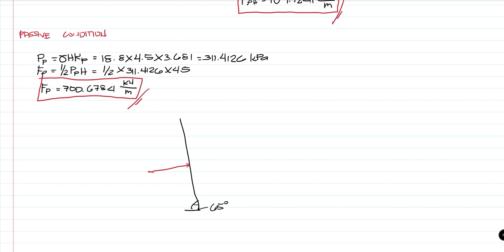Then syempre this normal force, so inclined natin ng kaunti. Exaggerate natin yung incline. So syempre yung normal force, ito. Then syempre yung passive earth dyan is naka ganito. So andito yung passive earth. This is FP normal, tas ito yung FP natin. So this one is an angle 20 degrees.